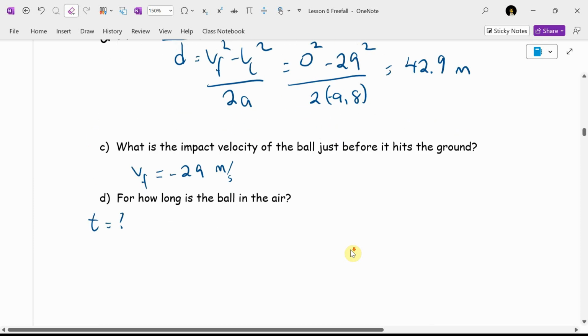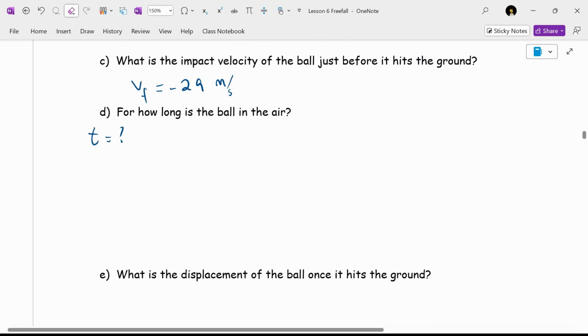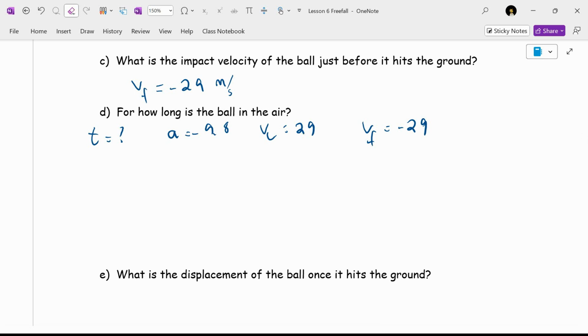Okay. A is negative 9.8. I agree. VI is still 29. Oh, what did I just find in part C? Looking for an equation. It's got a T, an A, a VI, and a VF in it. There is one.